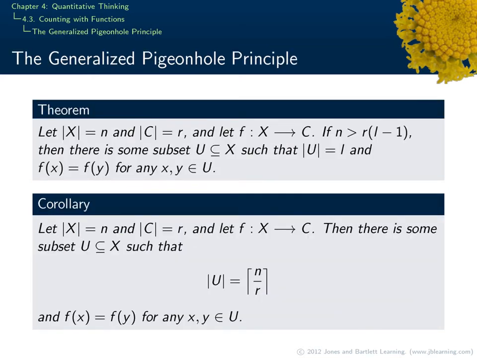Okay, so there's also a generalized notion of the pigeonhole principle. So what it says is, let's suppose we have a set X of size n and a set C of size r.